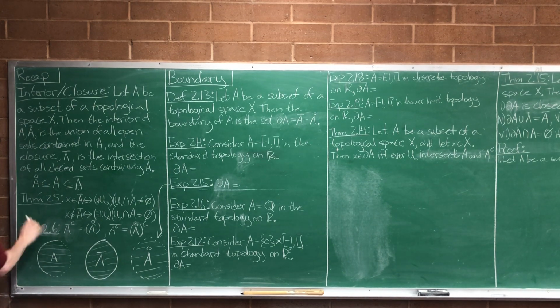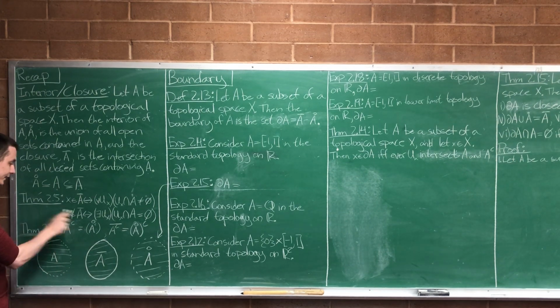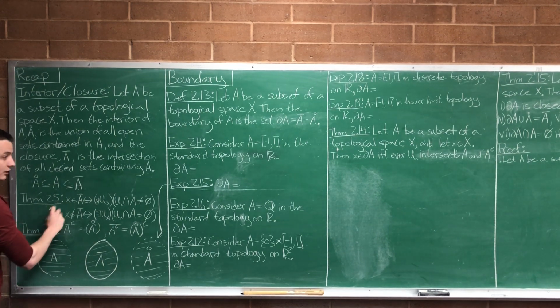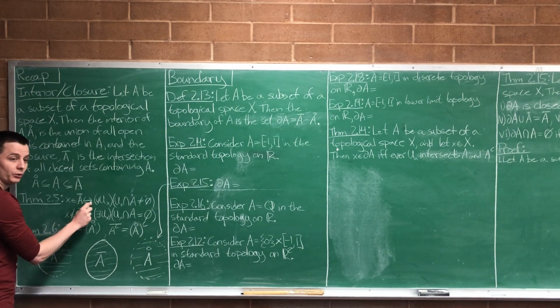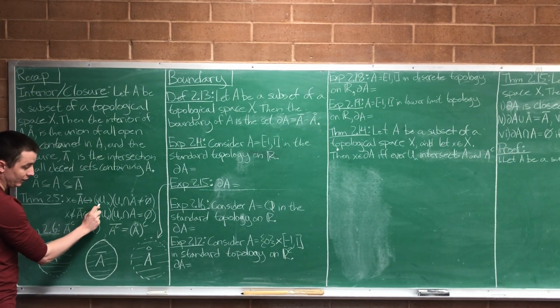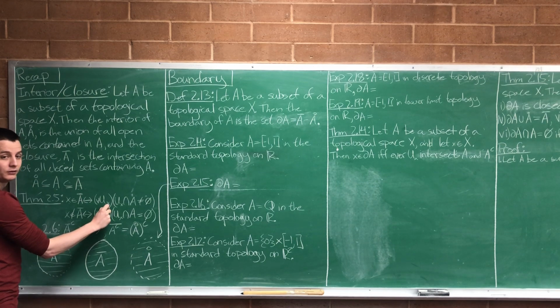And then the big theorem that we're going to use over and over again. This wasn't from last week, but the week before. Theorem 2.5. We had it stated these two ways because it's going to come up again, so let's make sure we understand what it says. X is in the closure of A if and only if, remember what U sub X means?